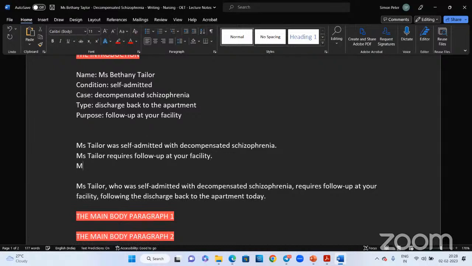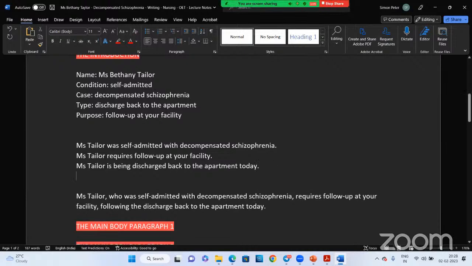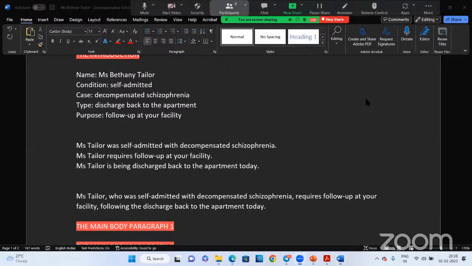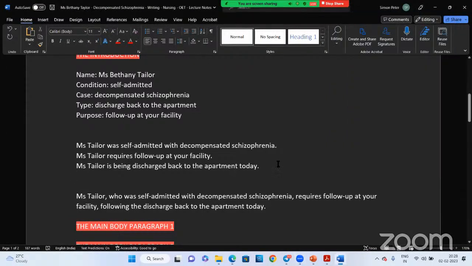Miss Taylor is being discharged back to the apartment today. So these are the three sentences. These are the three sentences how you frame the introduction.